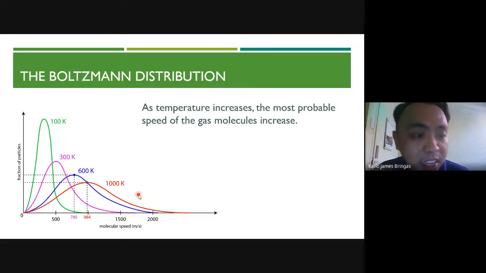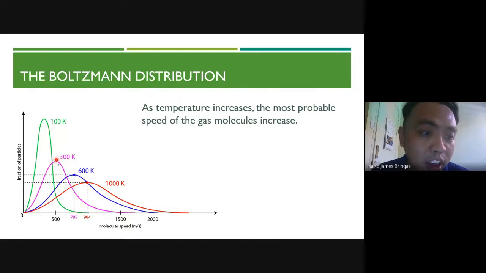So as you can see, our 100 Kelvin curve is already quite steep at the beginning. You can imagine this as kind of like a mountain. The 100 Kelvin curve is like a very steep mountain.